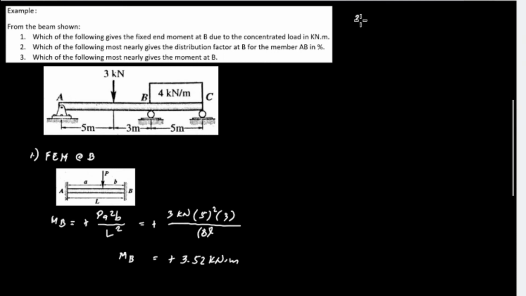Next, number 2: which of the following most nearly gives the distribution factor at B for the member AB in percentage?